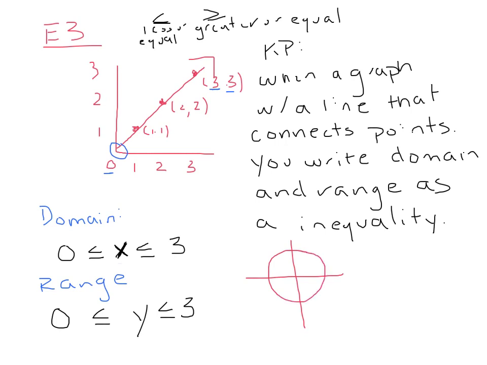This is one line connecting the whole thing, so we would want to write it as an inequality. Let's say we had a shape that was like a polygon, right? That is a shape, there's a line, it's connecting the whole thing. We would want to write that as an inequality.